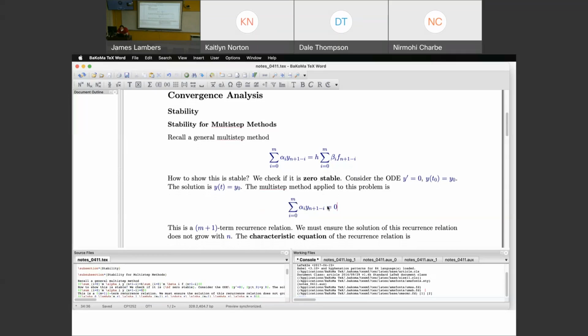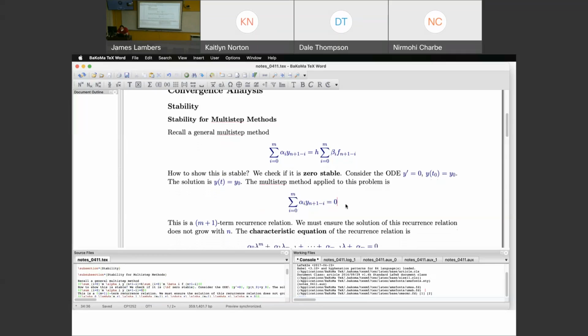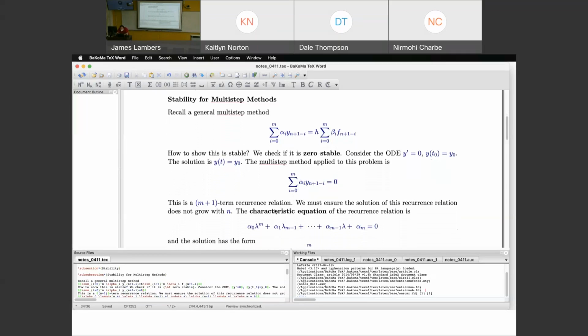To solve this recurrence relation, we consider what is called a characteristic equation of a recurrence relation. It comes about from assuming that y_n is equal to lambda to the n for some value lambda. Making that assumption leads to this polynomial equation.